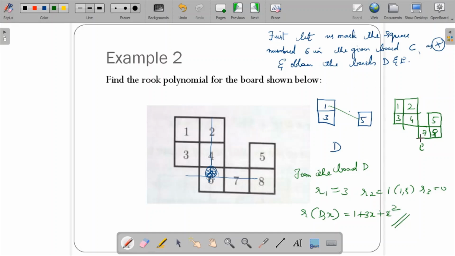Now this is the board E. So again what we can do is we want to apply the product rule over here. What we can do is again subdivide into D and E. So let me do this on a new page.